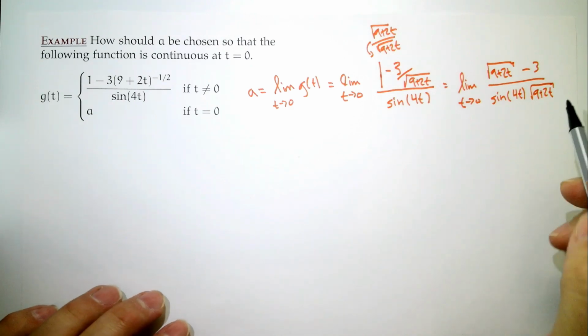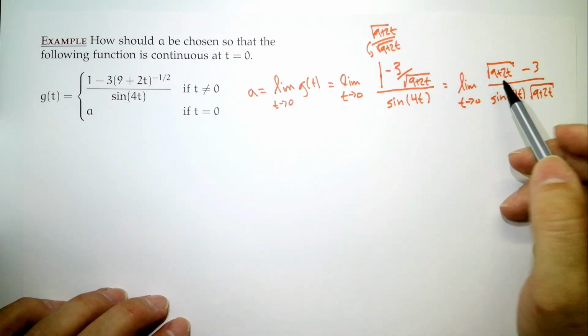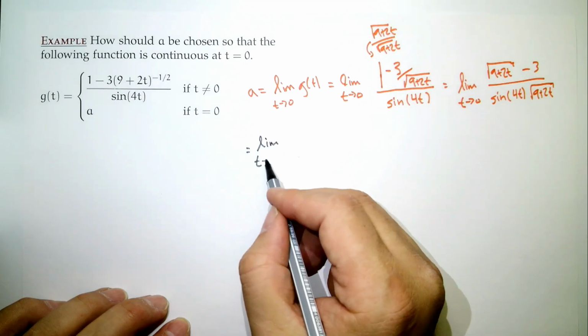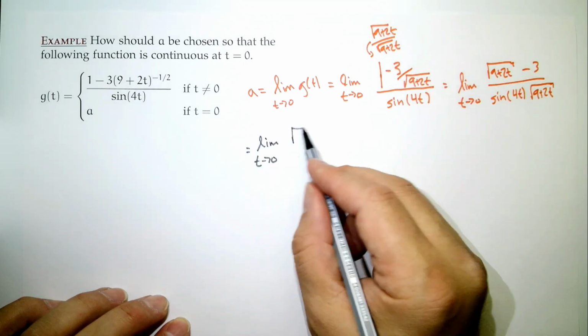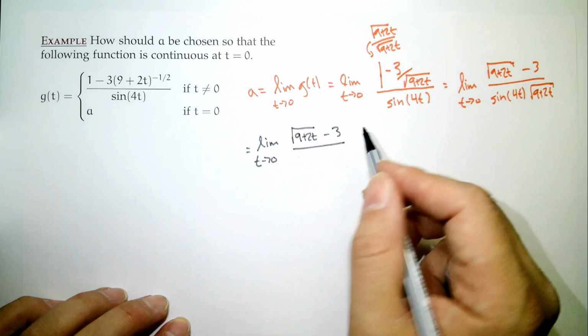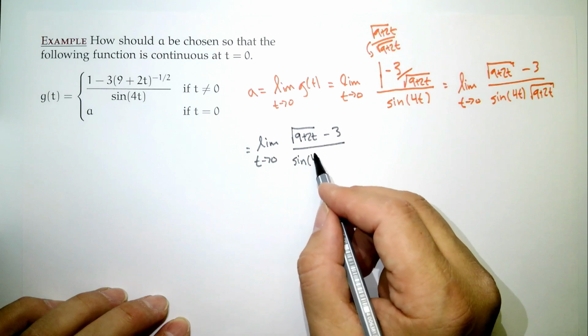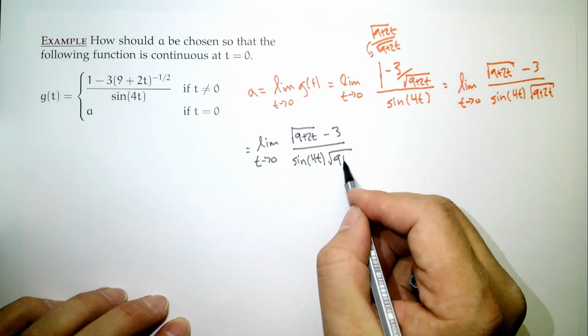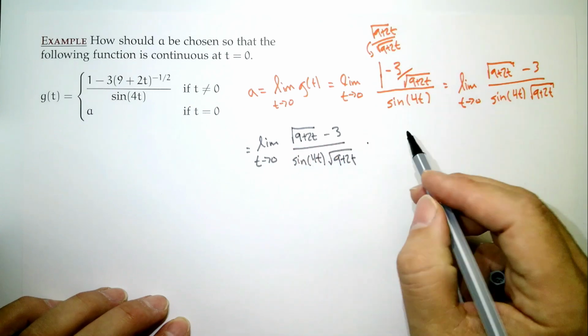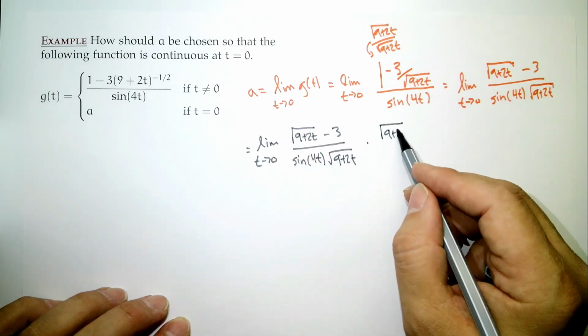So the next thing is to say we have a square root. So what do you do if you see a square root? Conjugate. Yeah, conjugates are really useful for getting rid of square roots. So we have our expression, and when we say conjugate, we're going to multiply both the top and the bottom. If we think of this as a minus b, we're going to have a plus b.